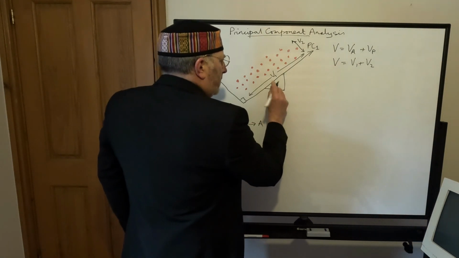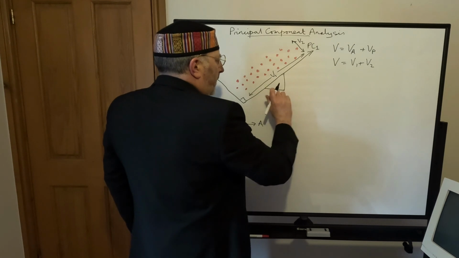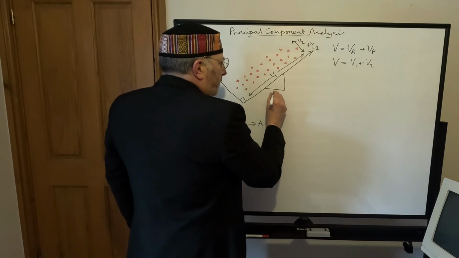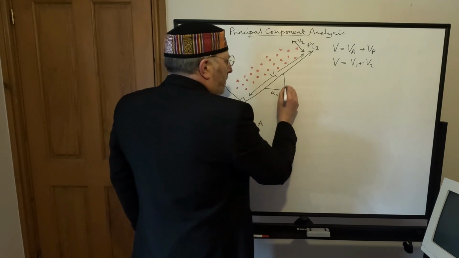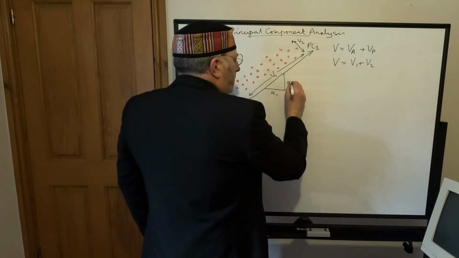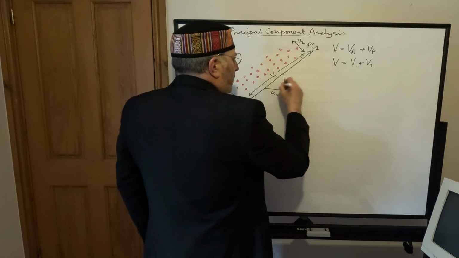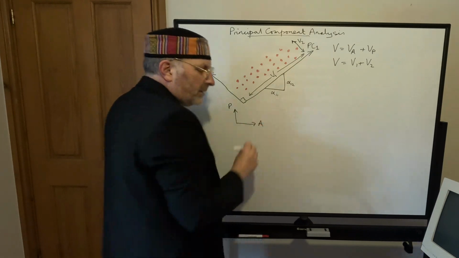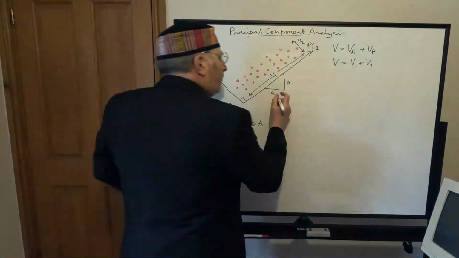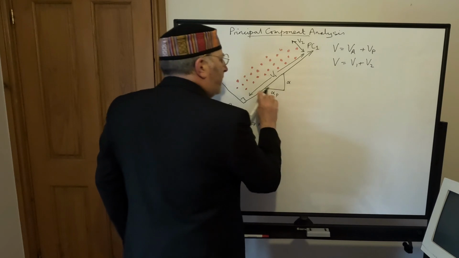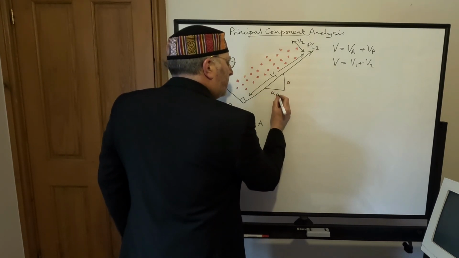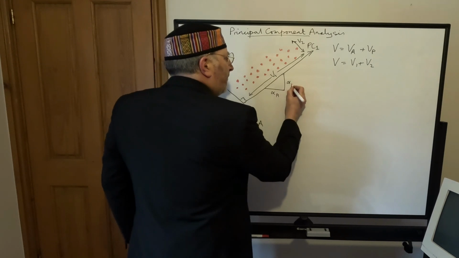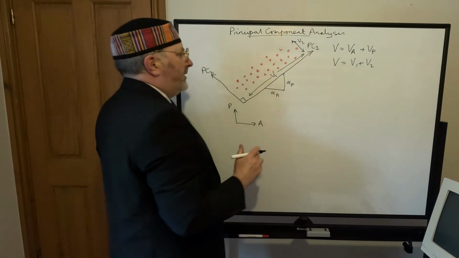So we can say principal component 1 is so much fraction in the area direction and so much fraction in the population dimension. Label these as alpha A is how far along it is in the area direction, and alpha P in the population direction.